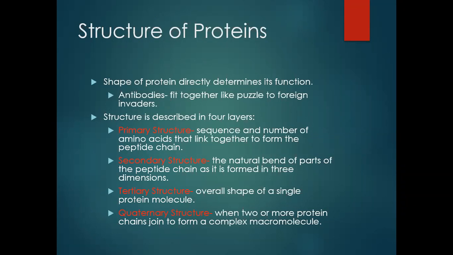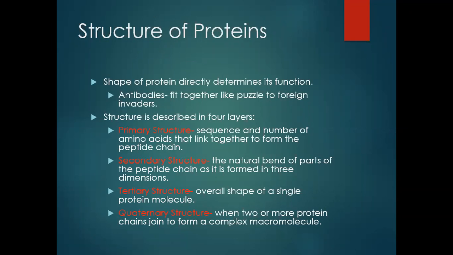Then we start folding it into the major folds. That's our secondary structure. Then we do the little fine-tuning folds. That's our tertiary structure. And if we join that origami with another, that's known as quaternary.